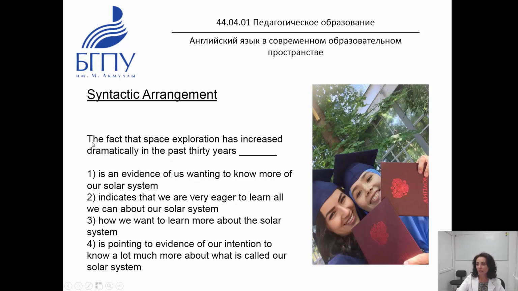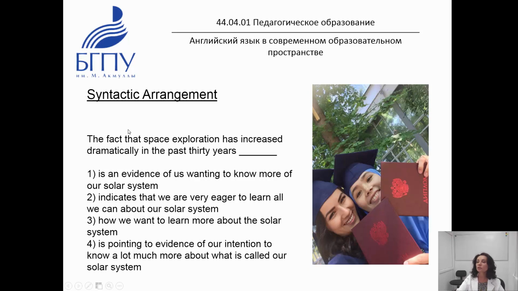Let us turn to the issues of syntactic arrangement. The sentence is, the fact that the space exploration has increased dramatically in the past 30 years, and then comes the continuation. While analyzing lengthy sentences, you ought to spot the predicative lines first. Predicative line is the connection between the subject and the predicate. For instance, the fact, and there is no predicate to this word.